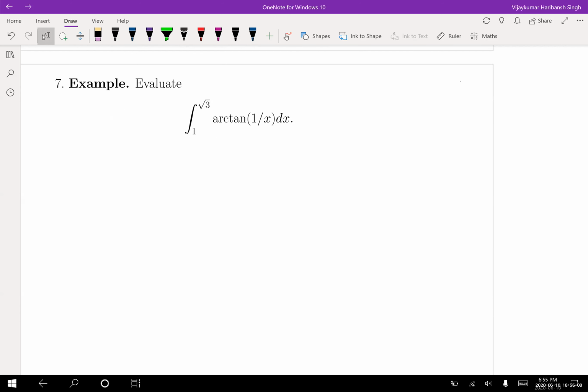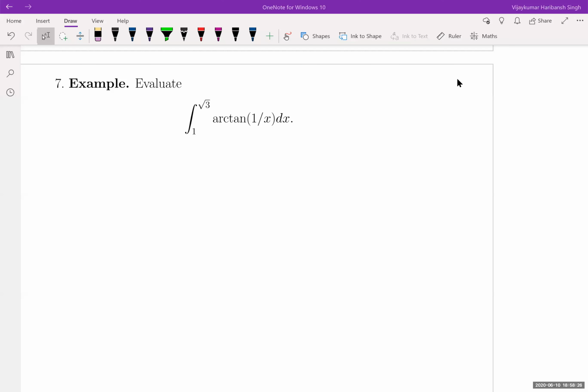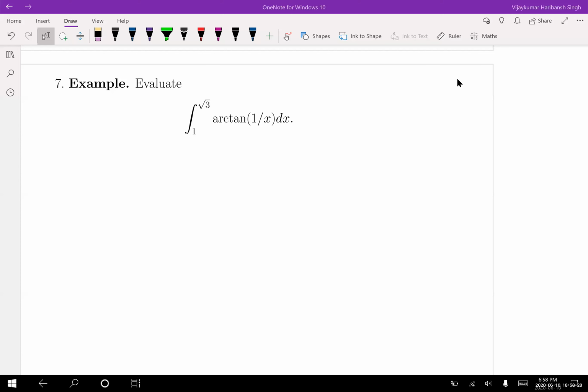Integral from 1 to square root of 3 of arctan of 1 over x dx. Again, we have to use integration by parts here. So your u is arctan of 1 over x, and your dv is the same as dx. What is du? Because we need du in the formula, let's just compute it in advance.